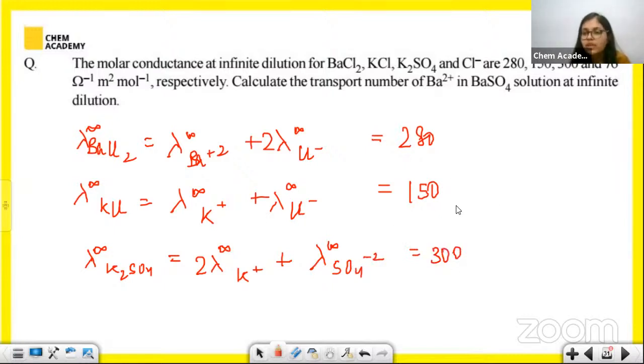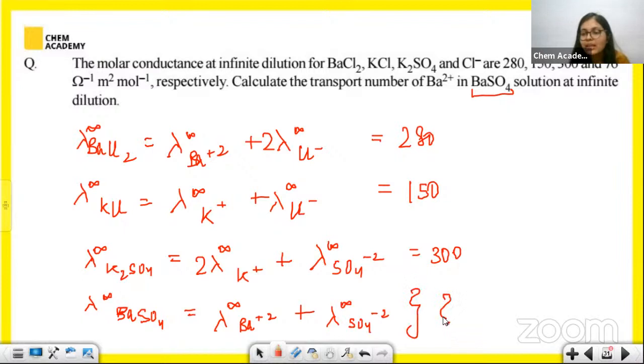Okay. Now we have to calculate for BaSO4. In case of BaSO4, we can write it as lambda infinity of Ba plus 2 plus lambda infinity of SO4 minus 2. This is what we have to calculate.